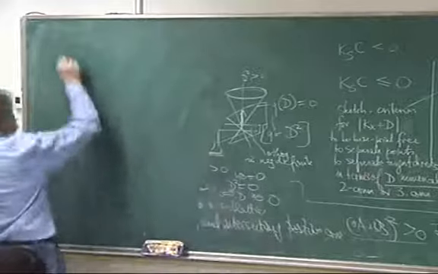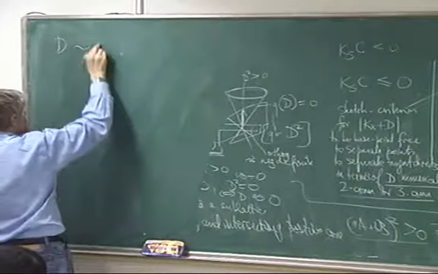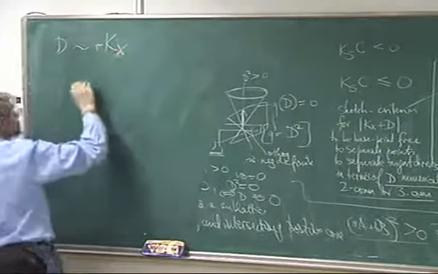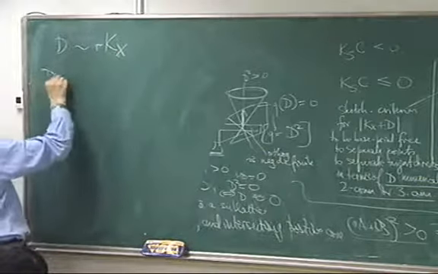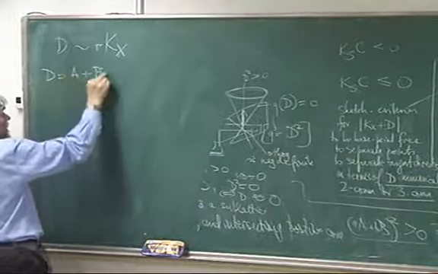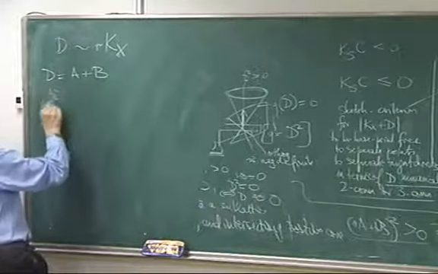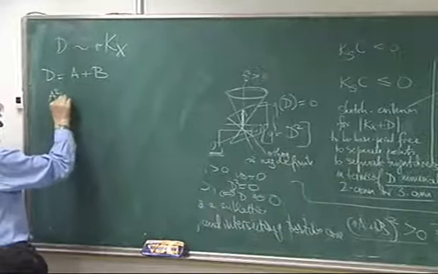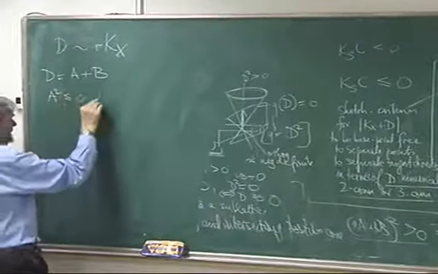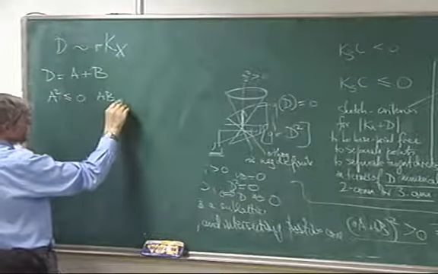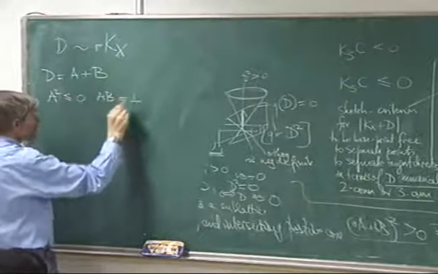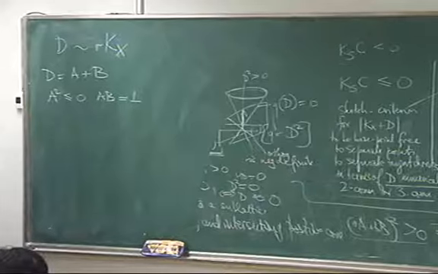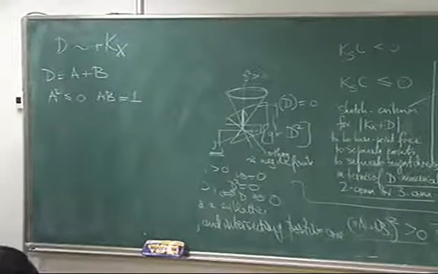So I've got this d, which is r kx, and d is a plus b, and I'm assuming that a squared is less than or equal to 0, and a times b is equal to 1. And so what possibilities are left?